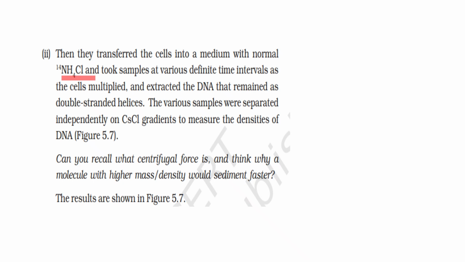The cells multiplied, and the DNA that they extracted remained as double-stranded helices. They then separated the DNA on cesium chloride density gradients to measure the densities of the DNA. Now let's show what it actually was in a picture.